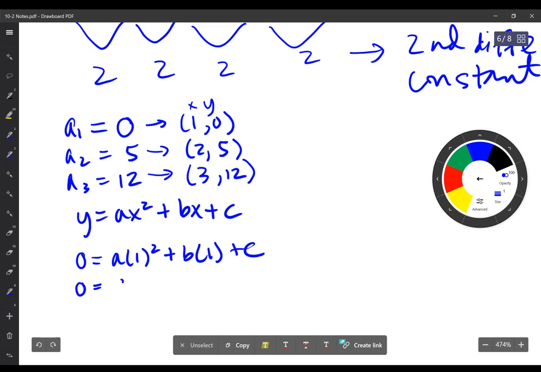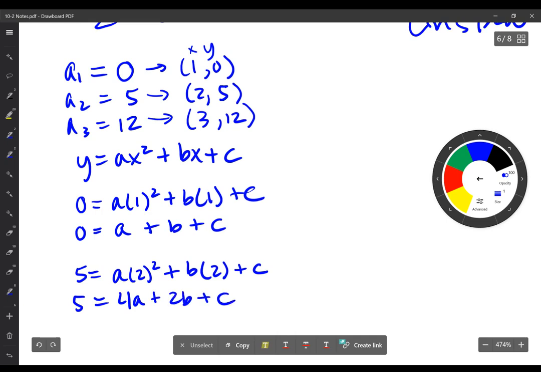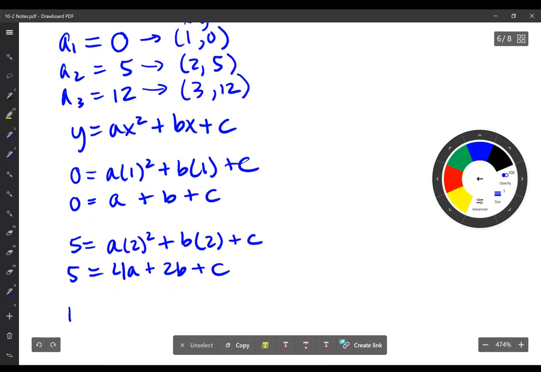So 0 equals a plus b plus c. We're just going through and simplifying them all. My second one would be 5 equals a times 2 squared plus b times 2 plus c. So 5 equals 4a plus 2b plus c. And the next one using 12 for y and 3 for x: a times 3 squared plus b times 3 plus c.